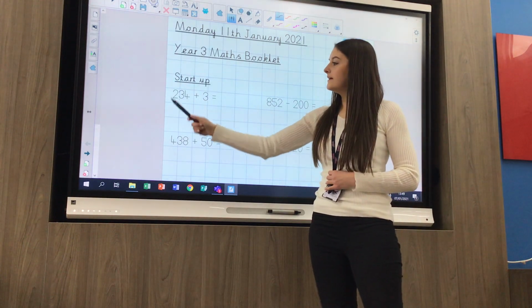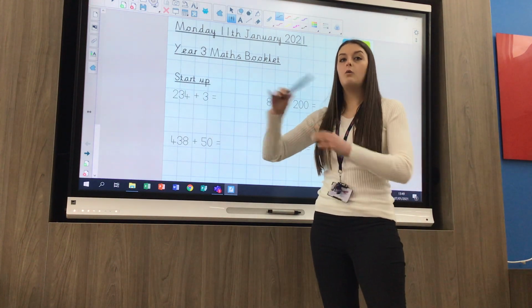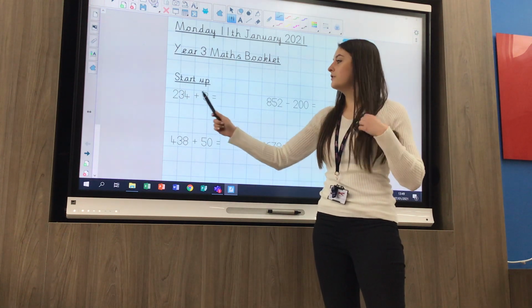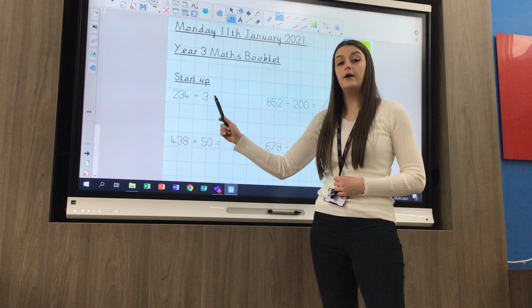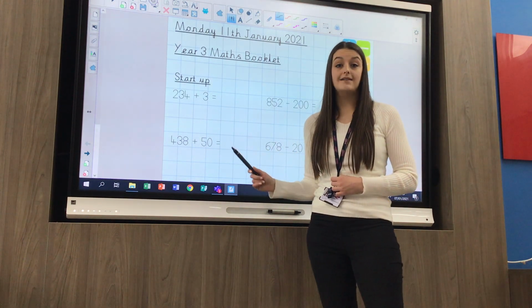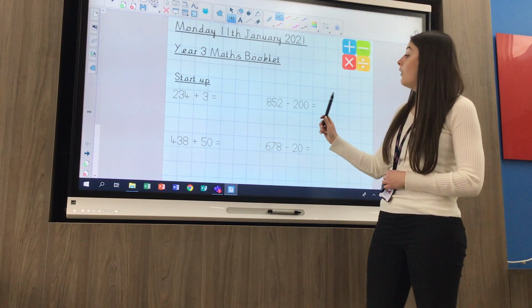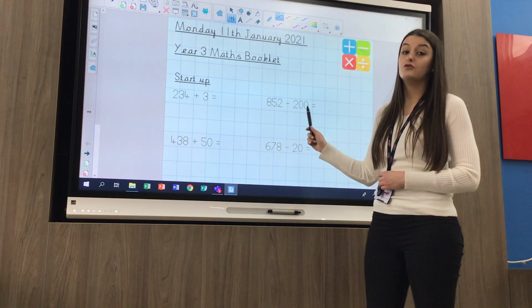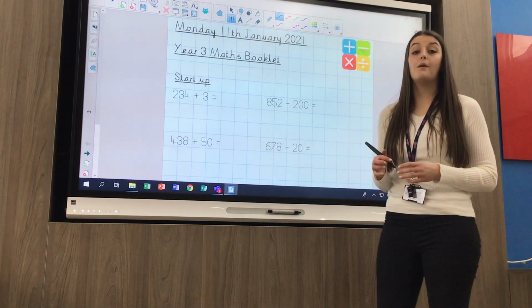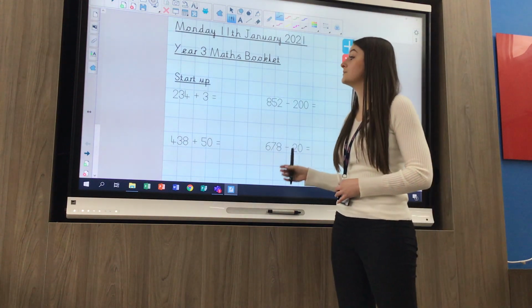Now, we've always started with a 3-digit number, or we might have them swapped over for some questions. But you're either going to be adding a 1-digit number or subtracting a 1-digit number, adding a multiple of 10 or subtracting a multiple of 10, or subtracting a multiple of 100 or adding a multiple of 100, okay? So we're going to be focusing on our place value for this startup challenge.